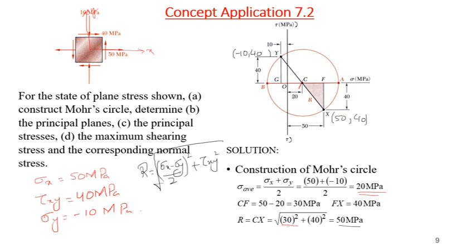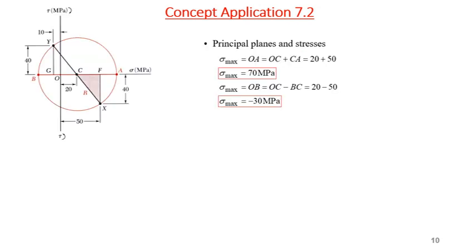Okay. Now, what will be the maximum and minimum principal stresses? We construct a Mohr circle, and now we are interested in what the principal stresses are. So it will be simply OC plus CA. This OA is my maximum principal stress, that is sigma max, and it will be OC plus CA.